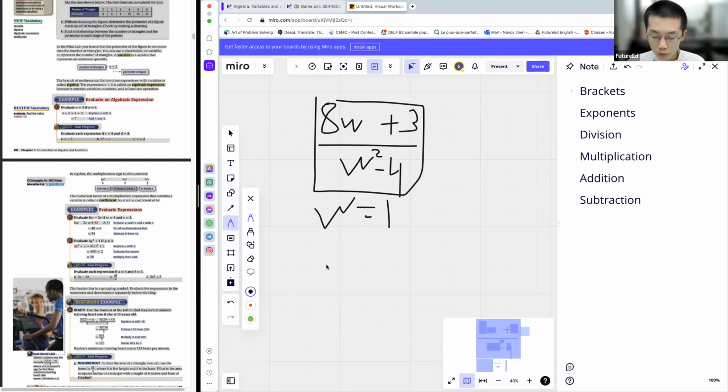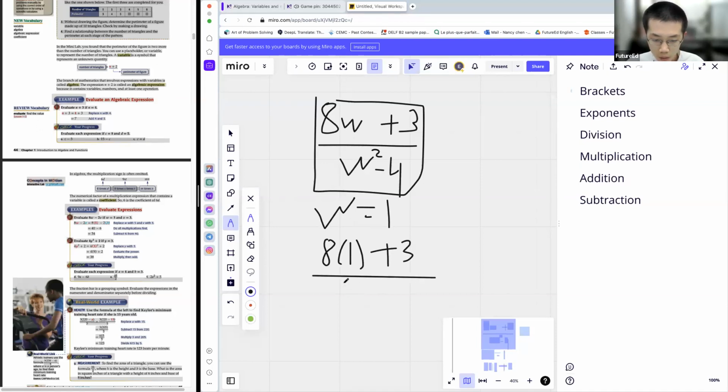Well, in this case, remember, we can just substitute every single value in, all right? So we have 8 times 1, because w is equal to 1. So we can substitute 1 into the expression: 8 times 1 plus 3, all of that divided by 1 squared minus 4, right?